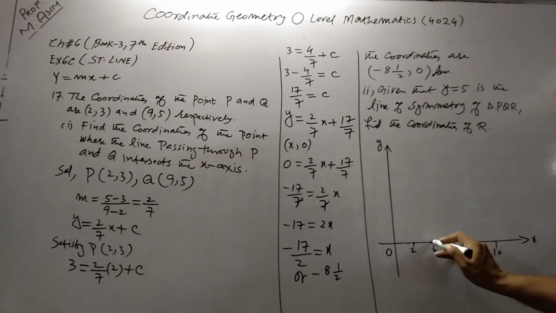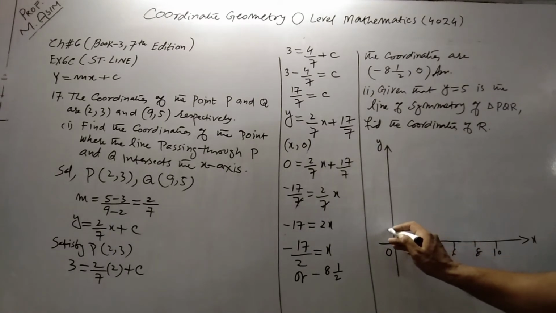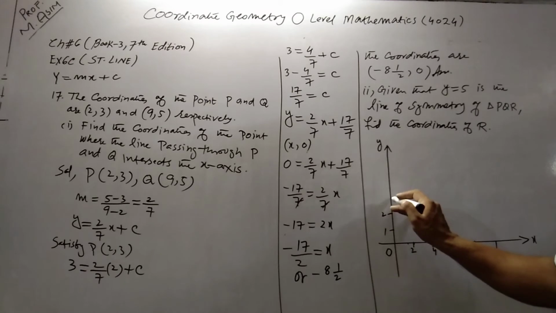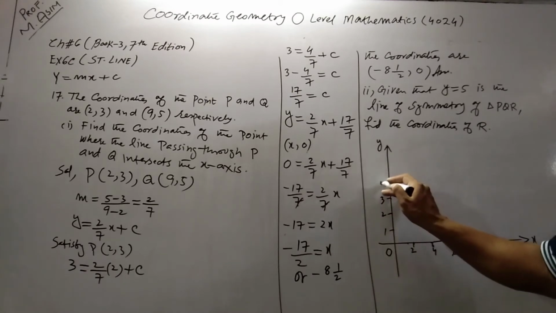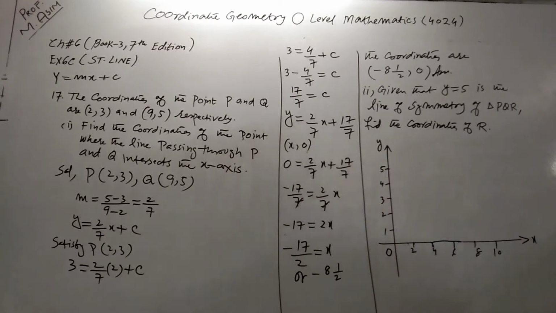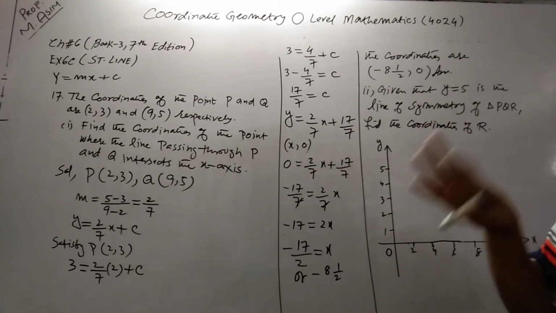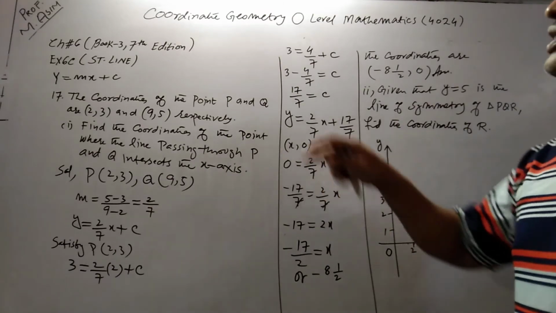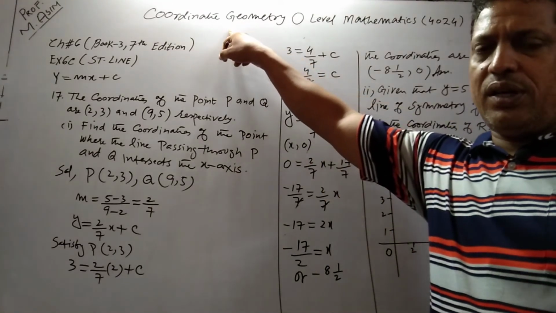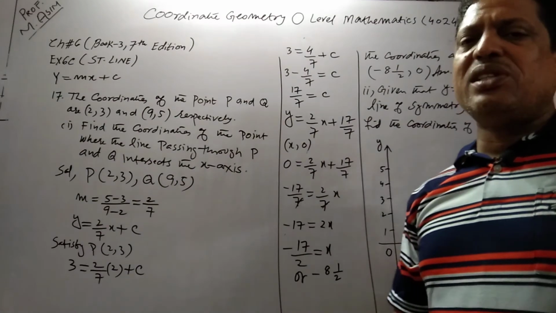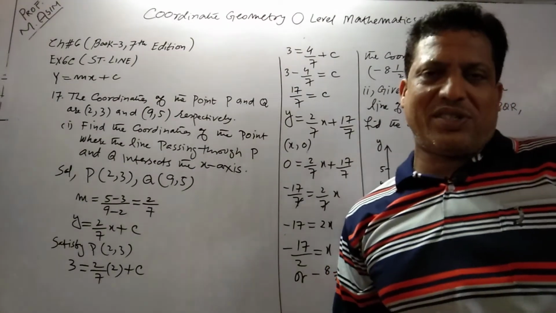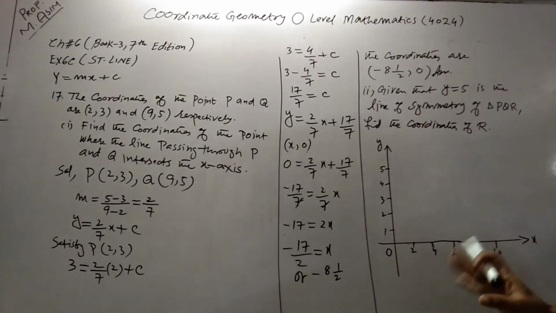So this is 2, 4, 6, 8, 10. And on the y-axis, 1, 2, 3, 4, 5. I am not drawing the values on scale. I just show you the coordinates of P and Q. And students, this is coordinate geometry. So coordinate geometry means geometry without a geometry box. Simple. So no need of a geometry box to draw a very accurate line.